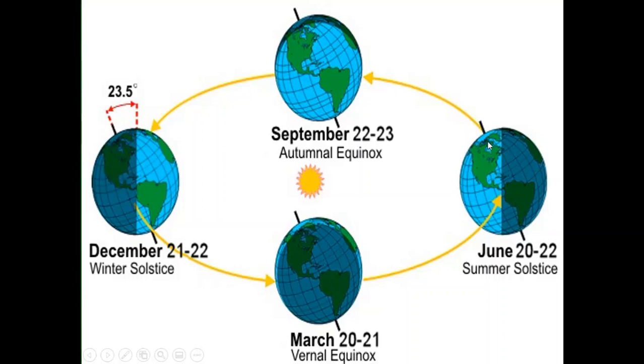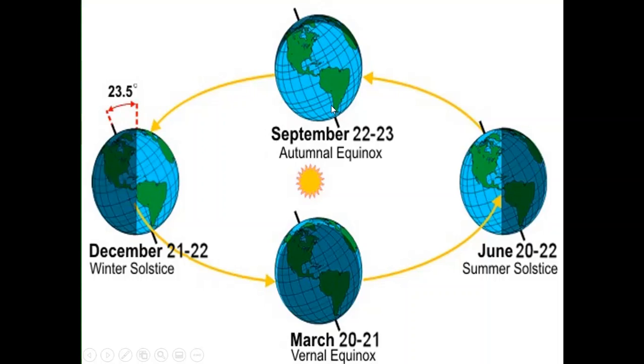Okay, but after 3 months, the Earth has been traveling around the sun, and after 3 months, the Earth is over here. That's where we are right about now in the fall. And look, the North Pole is now in the shadow. It never sees the sun up there at this point, at the very North Pole, okay?